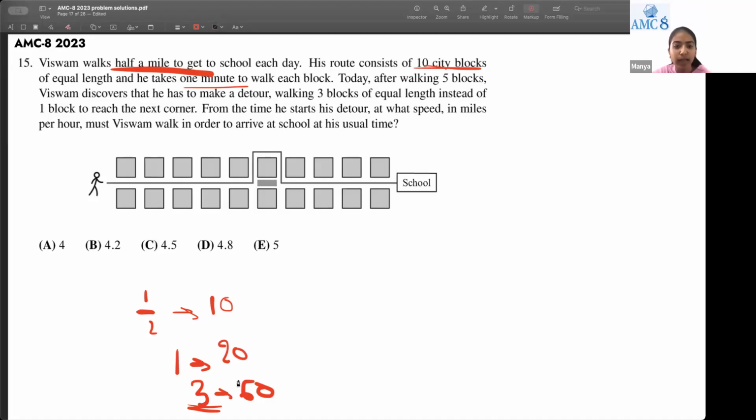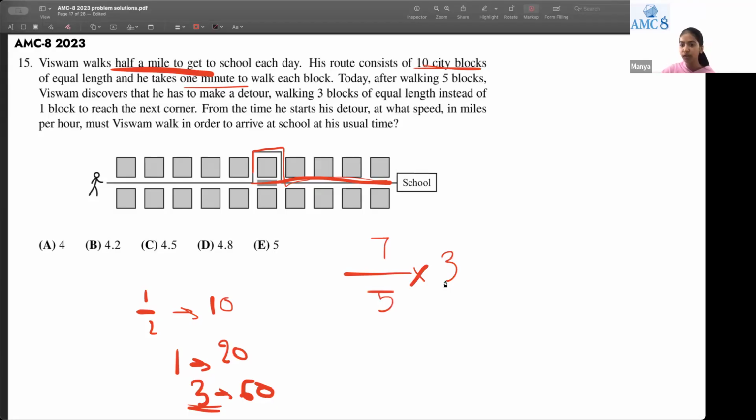And now he walked an extra 3 blocks. So instead of 5 blocks as normal, he would actually do 1, 2, 3, 4, 5, 6, 7 blocks instead of 5 blocks. And so we have to multiply 7 by 5 times 3 because we know that his rate, we usually do 5 by 5 times 3.